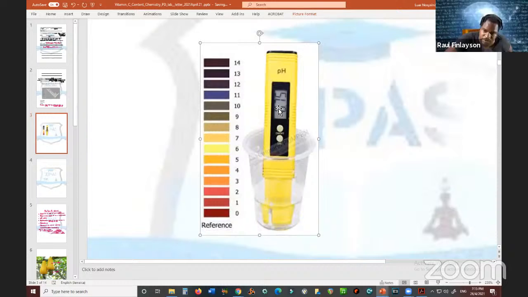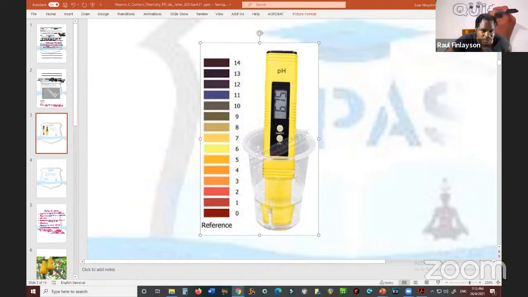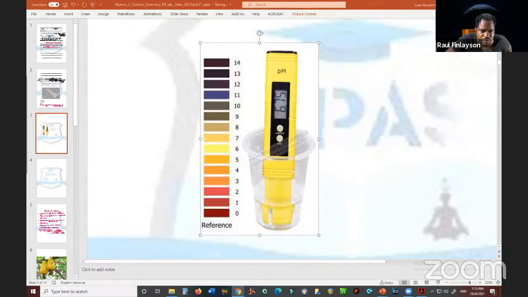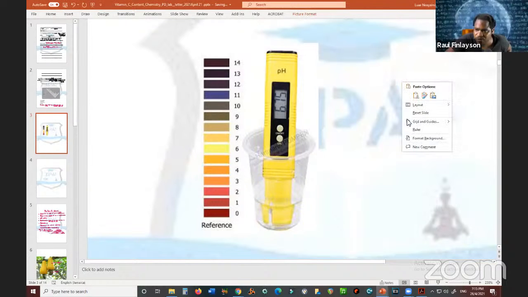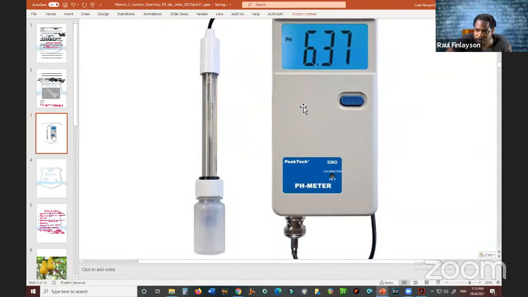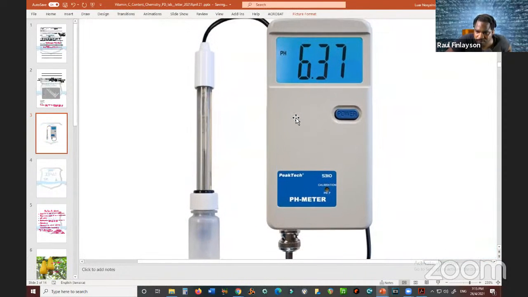And so you just read the number here. And these ones, I don't like them. I've used them and I don't like them. They have more sophisticated ones, like this one. So again, this is the probe part.